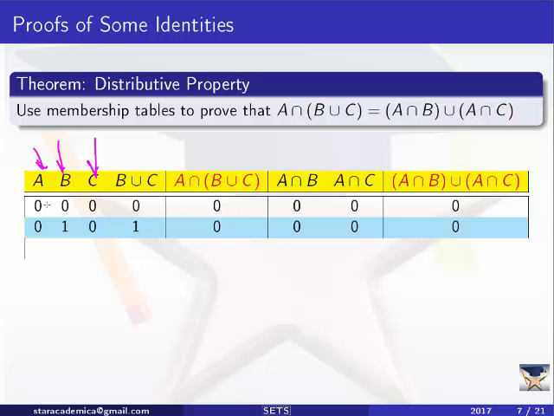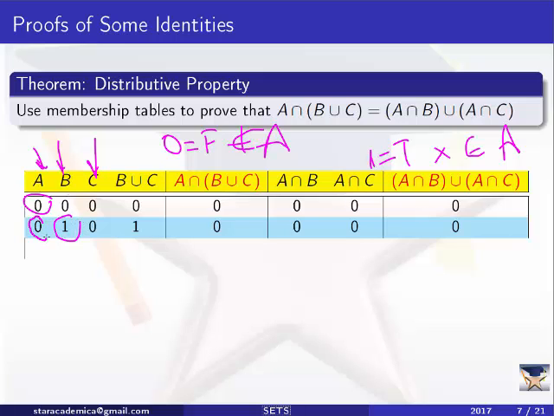Here there is a slight difference. Zero will stand for false, which in set theory means x is not an element of A. One will be true, that will be x is an element of A, say. So here this means that x is in B, x is not in A, and x is not in C. So B union C, for example, looking at the second row, B union C will be 1.